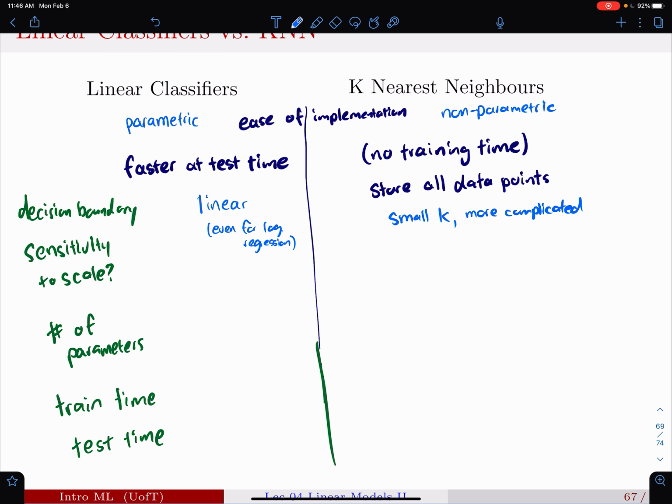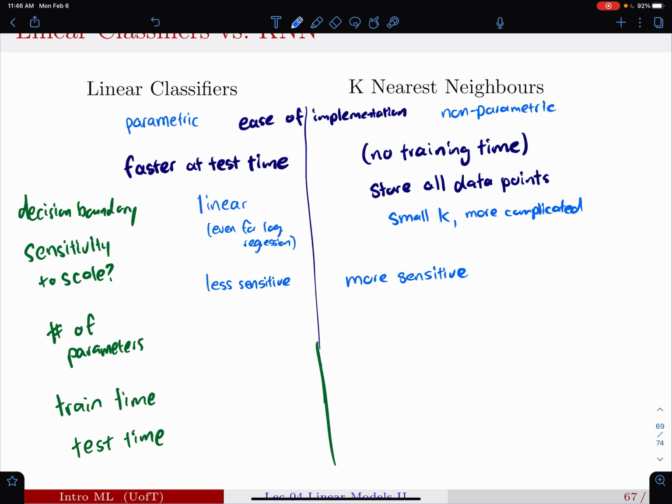Sensitivity to scale we just covered. Linear classifiers are going to be less sensitive, while k-nearest neighbors is usually more sensitive. Why would we say that linear classifiers are less sensitive to scale? We just affect the coefficient for the feature.